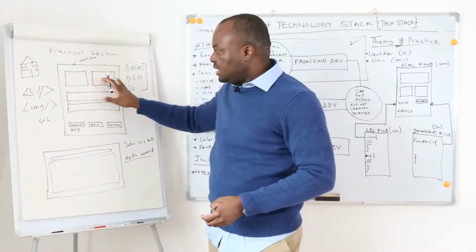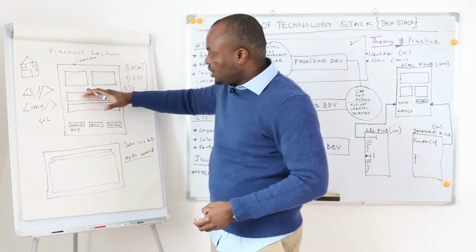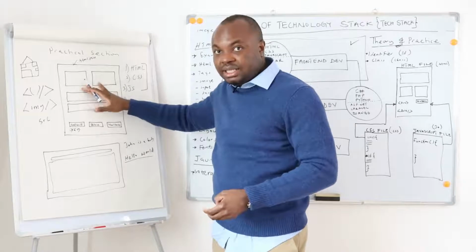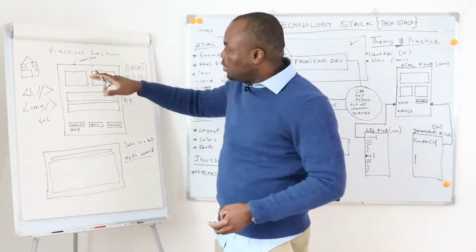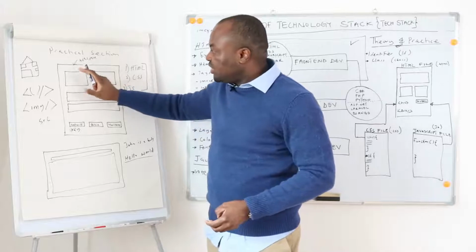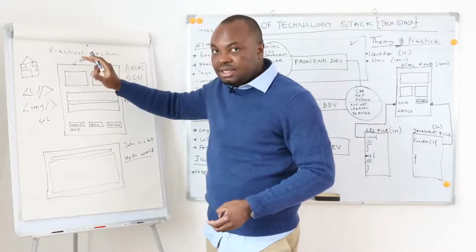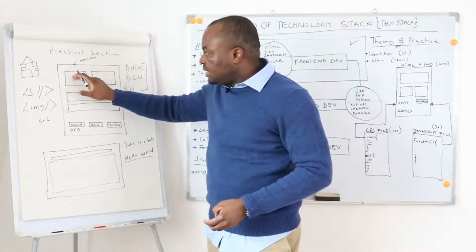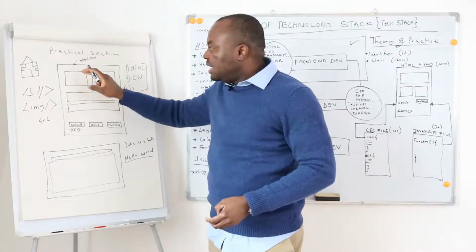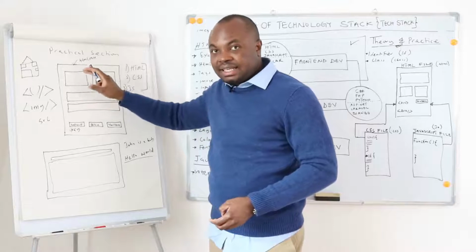You see, these are laid out horizontally, and then these three vertically. So the CSS allows me to structure how these things should be laid out. The CSS will also allow me to specify the color of these. Remember what I said earlier on: these blocks are wrapped within HTML tags, and they will have their IDs and their classes.